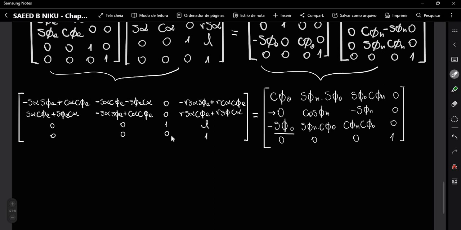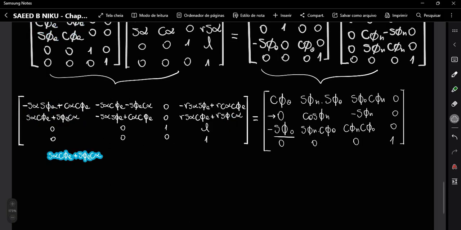So the first equation that we will write is this one, with its corresponding element on the other side, 0. So this one with this one, which is equal to 0.